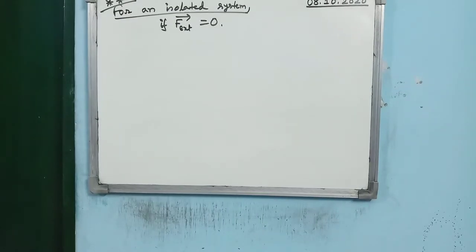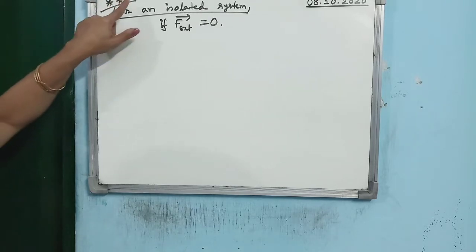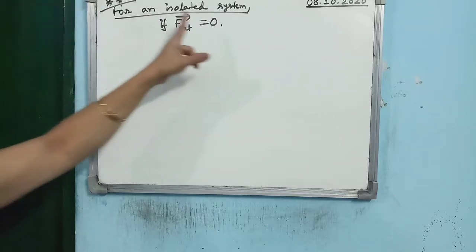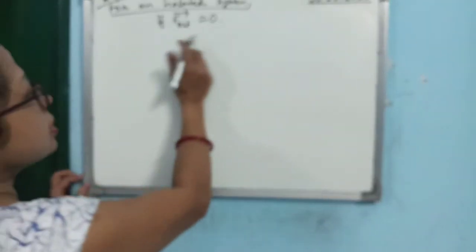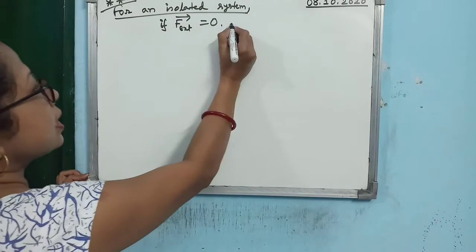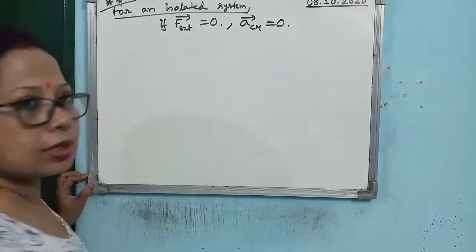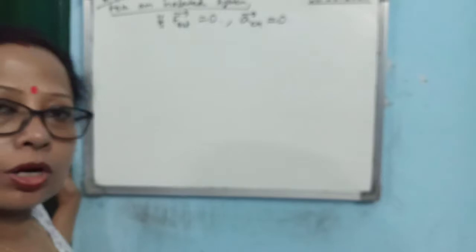Now the topic I am going to discuss is very important, that's why I put a double asterisk here. Now if you consider an isolated system where no external force is acting, means F external is 0, then according to Newton's second law, the acceleration will also be 0.